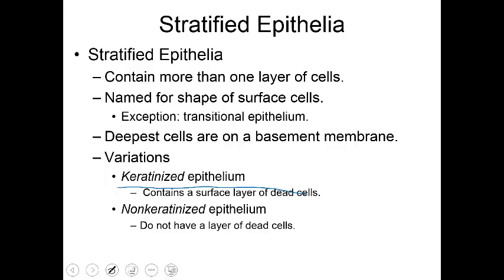We have a very tough protein called keratin on the top layers of our skin, so when our skin is subjected to mechanical stress, we don't always bleed. Now, non-keratinized epithelium is when the top layer of the cells is not dead and accumulated with keratin.